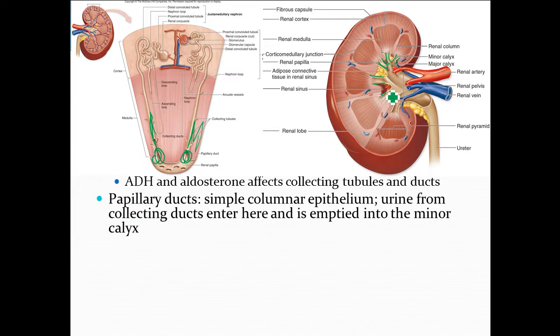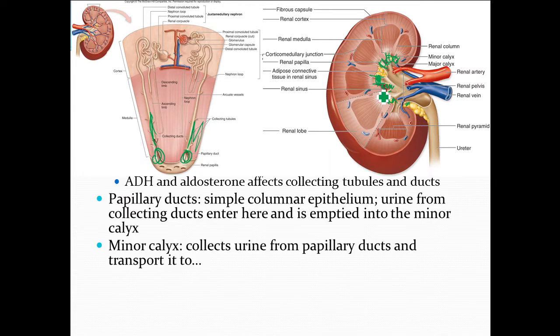What are these structures? No, the renal sinuses are in between these structures. Minor calyx. Yeah, minor calyx. This is the minor calyx. When you have the minor calyx fusing together to become major calyx.